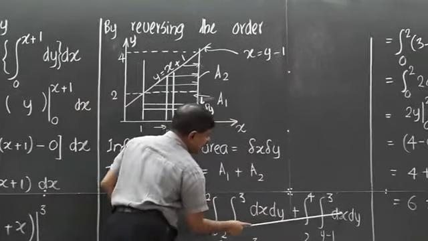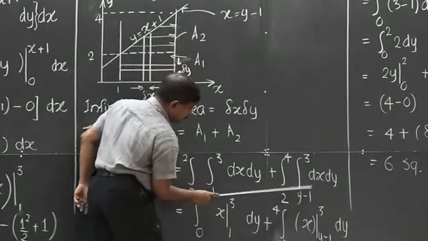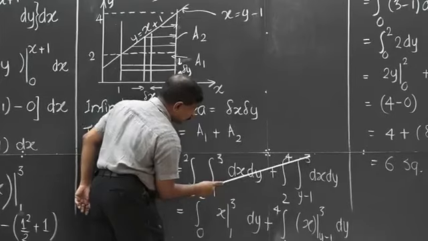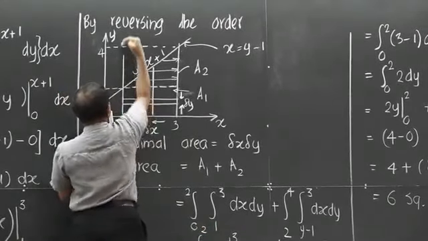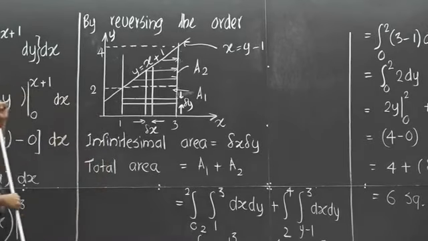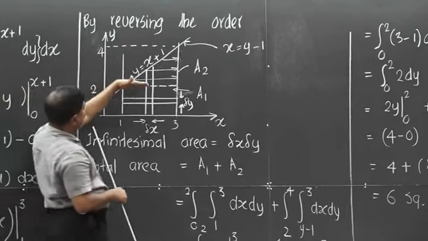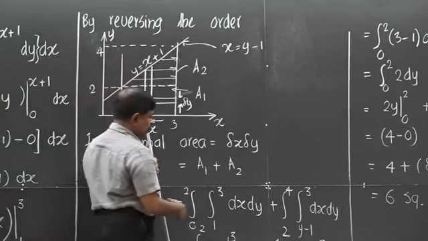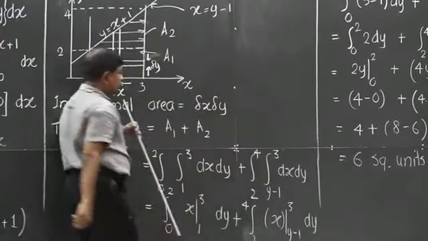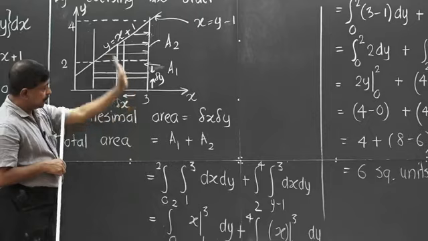So, in the second integral, the limits of x are y minus 1 to 3, but y goes from 2 to 4. Because for the second variable, you do not have to worry about including the first variable. You write the lower limit and the upper limit, 2 to 4. There again, you do not write it in terms of x. It is simply 2 to 4.